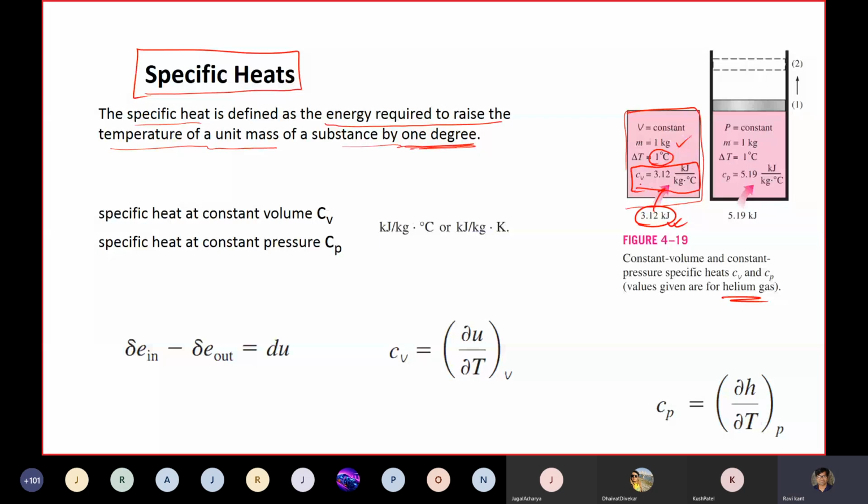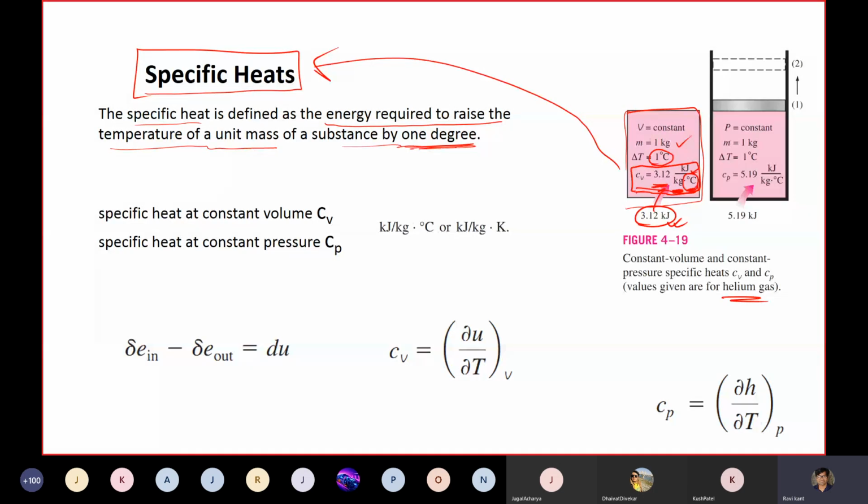Okay, so 3.1 kilojoules is given to a unit mass of substance to increase its temperature by 1 degree C, and this is what is called the specific heat.